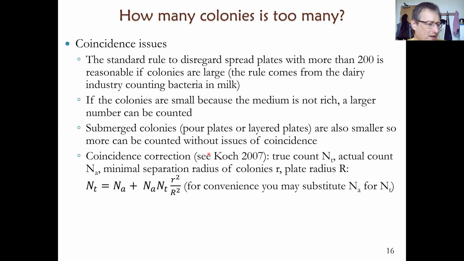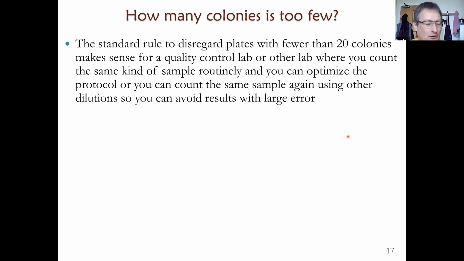So the other problem is if you don't have enough colonies on a plate. Again, the standard rule is to disregard plates with fewer than 20 colonies, or sometimes you will find other numbers, 25 or 30. And that rule makes a lot of sense if you're a quality control lab, for example, where you can do it again.